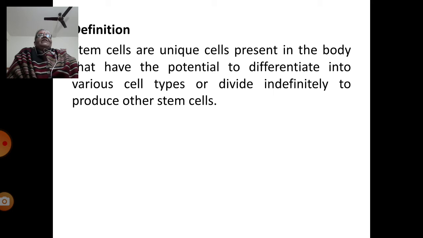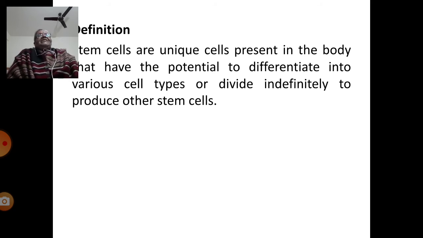Stem cells are unique cells present in the body that have the potential to differentiate into various cell types or divide indefinitely to produce other stem cells. So stem cells can differentiate into other types of cells, or they can keep on producing same type of cells, that is stem cells only.